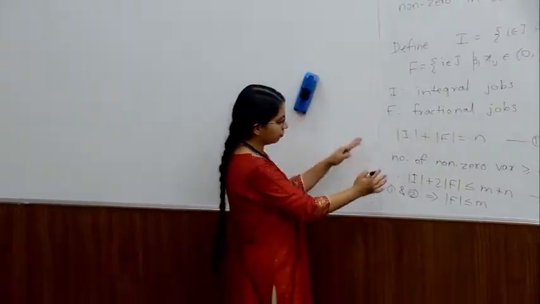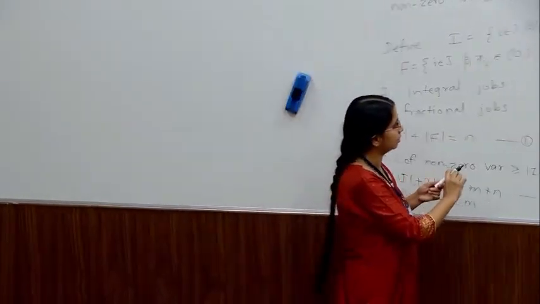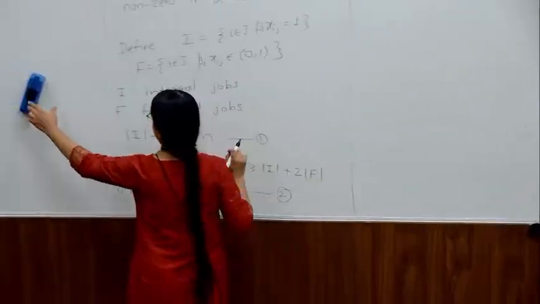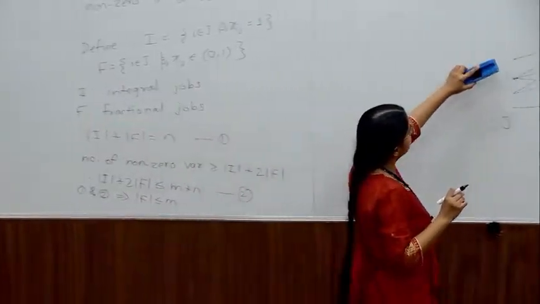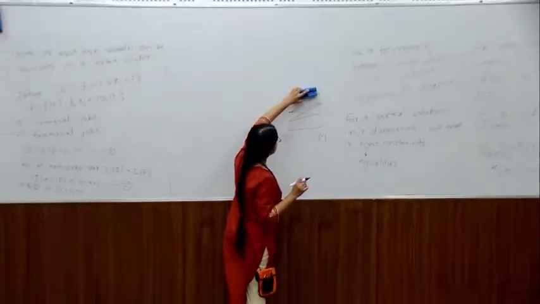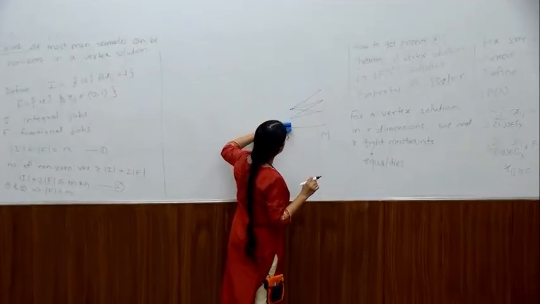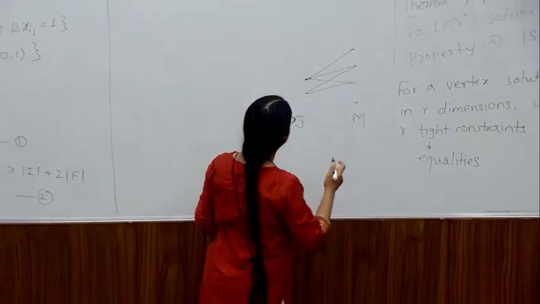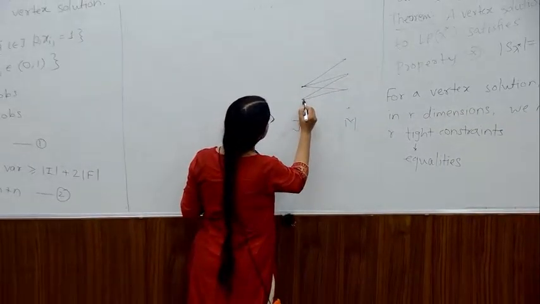So now only focus on fractional jobs and look at the graph between fractional jobs and machines. Forget about the integrally assigned jobs. The machines have to be there, we can't remove them. Actually, this machine also can go away. Let's assume that it has some job assigned.